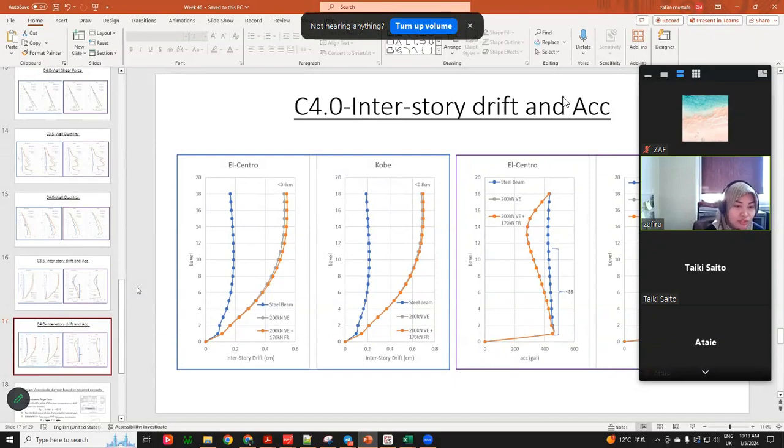So if you put the damper in the coupling beam, the effectiveness depends on the coupling wall ratio, the degree of coupling. Do you think you can change the degree of coupling? In this case, you only tried two cases, long beam and short beam, and the result is completely different.